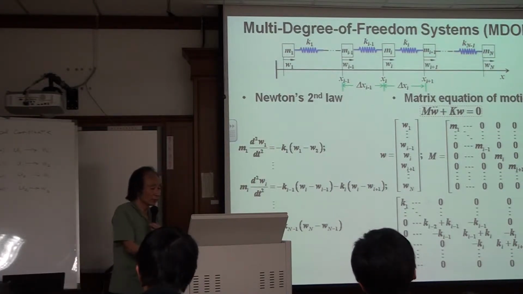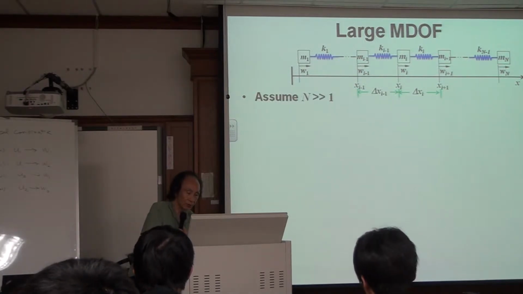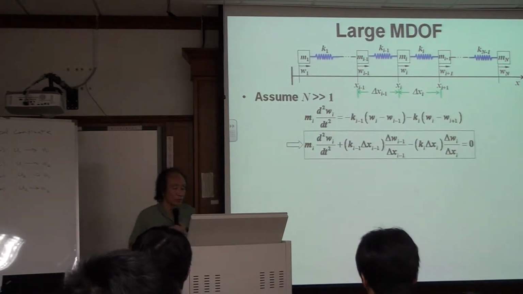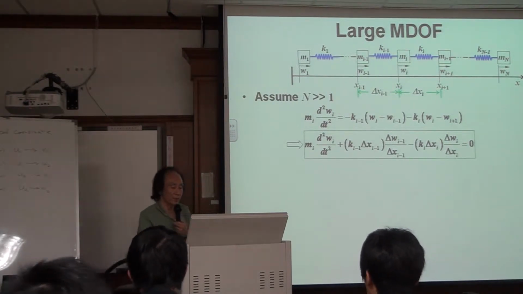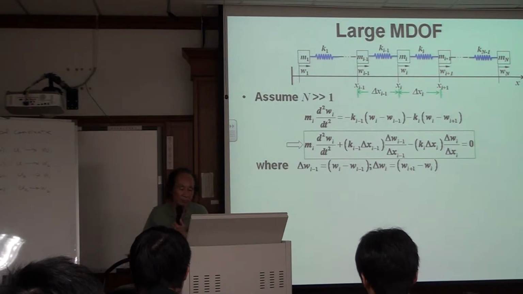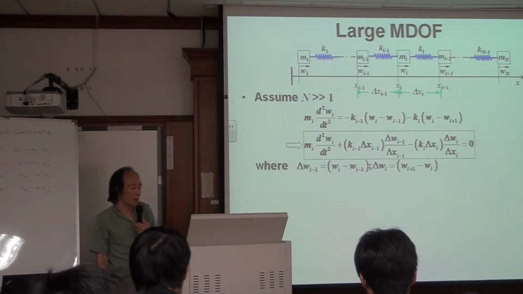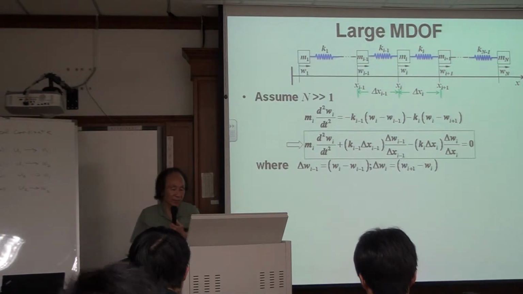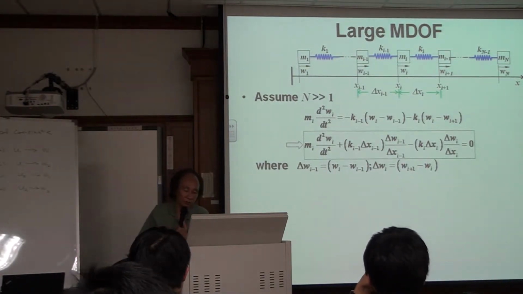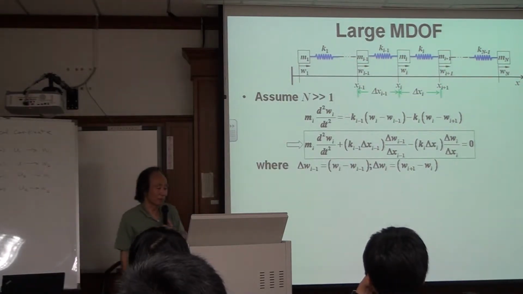If that's the case, we can see large MDOF. N can be very large. If I do this, then I can define this. This is the definition. Delta Wi minus 1 equals Wi minus Wi minus 1, and Delta Wi equals Wi plus 1 minus Wi.